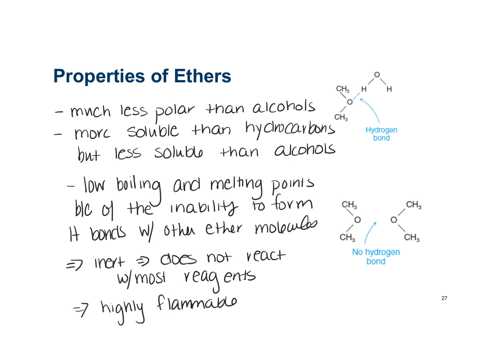All right. So diethyl ether was used as an anesthetic, as we talked about, but it was eventually discontinued because it was so very, very flammable. And so other things have now come along to replace it.